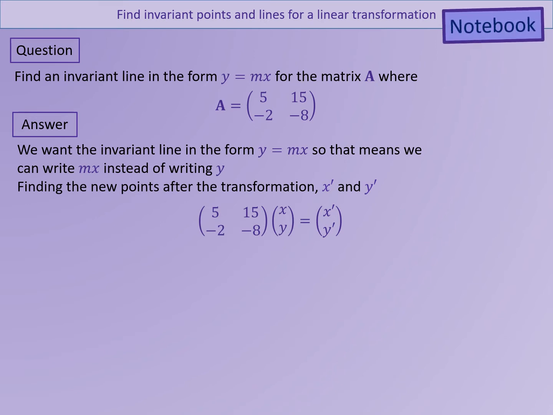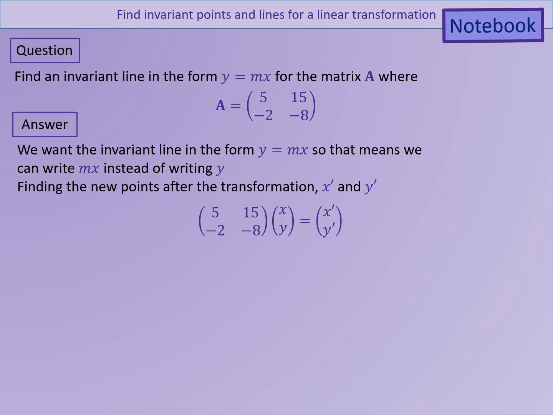So we can say that if we were to do 5, 15, -2, -8 times any point xy, that will be mapped onto a new point. We're going to call that new point x dash y dash. Now, because we know the original points lie on a line, we know the original points satisfy the equation y equals mx.